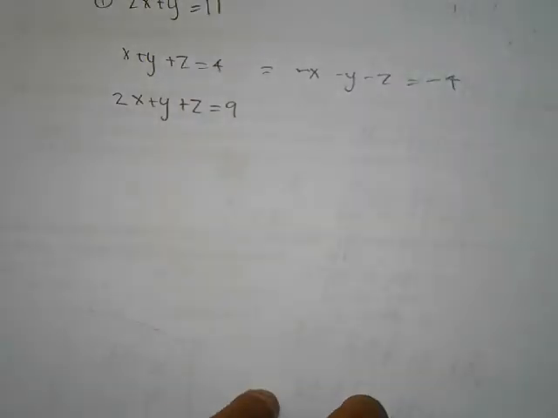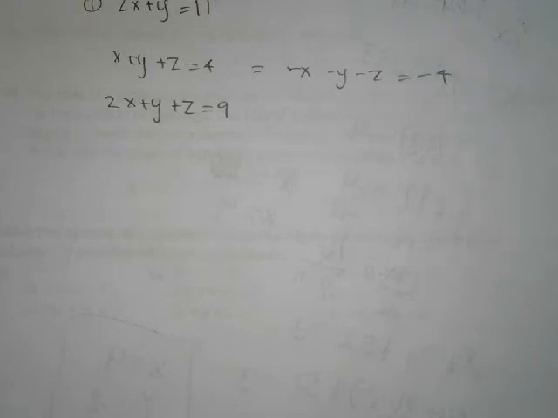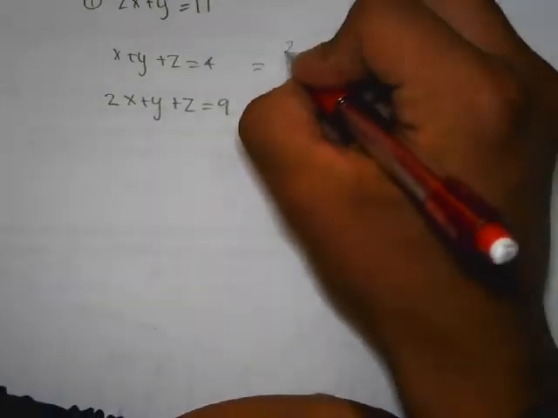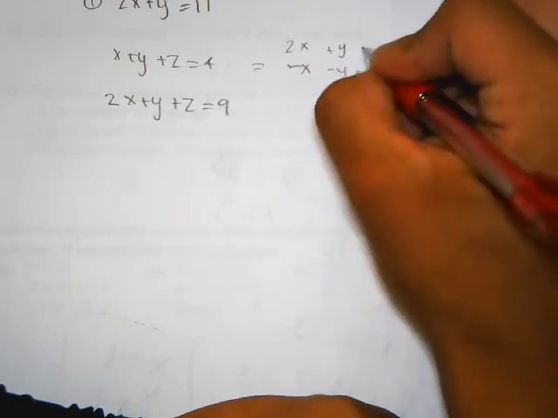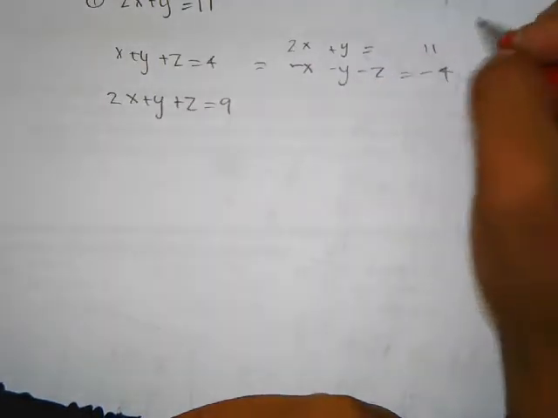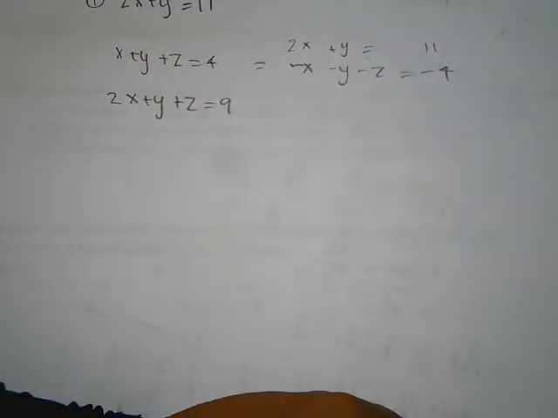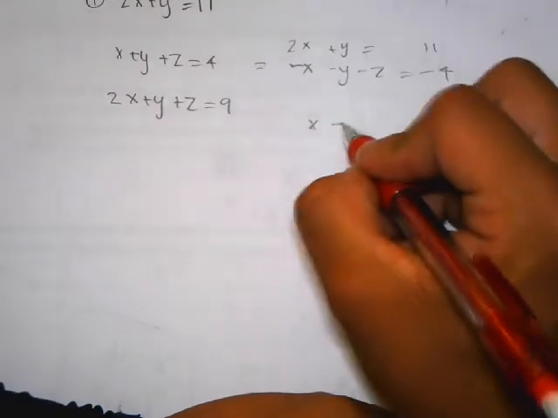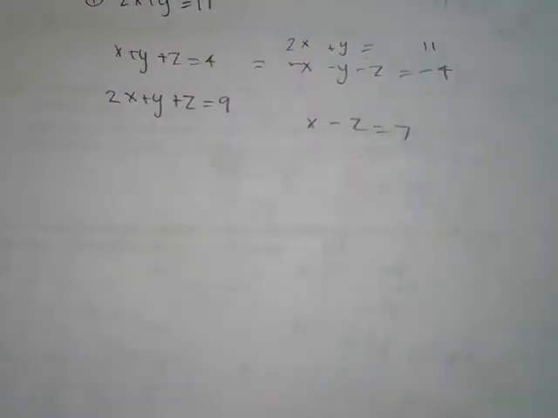Then when you subtract that equation from the first one, you will get x minus z equals 7, and then you have an equation.